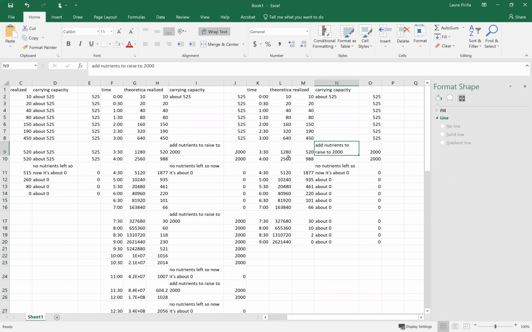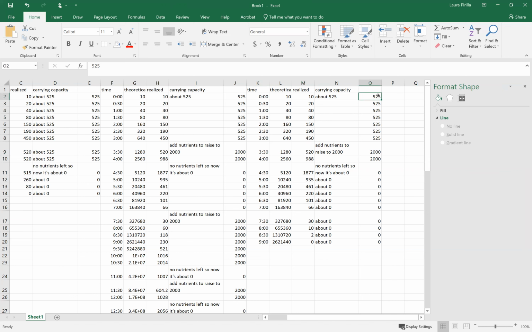So the time when we reached the most bacteria in the container, we had at 3.5 hours in, we had 520. So if at that point we added enough nutrition to raise the carrying capacity to 2,000 bacterial cells, this is a thought experiment. Obviously, I'm not sure that that's a thing you can calculate easily, but let's say you did.